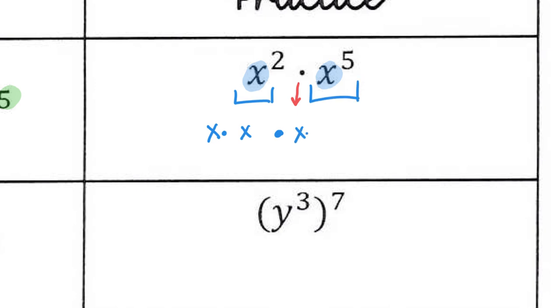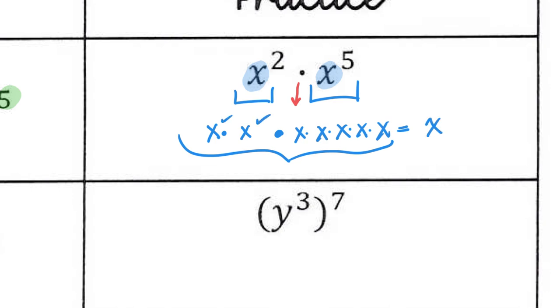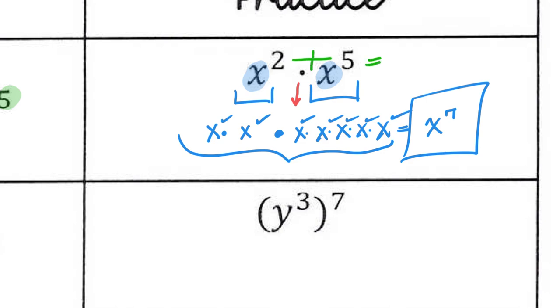So 1, 2, 3, 4, 5. Well, in total, I have complete multiplication. So in total, I have 1, 2, 3, 4, 5, 6, 7 of them. So my answer is x to the 7th. That's where the shortcut comes in: if I add these 2 together, I get 7.